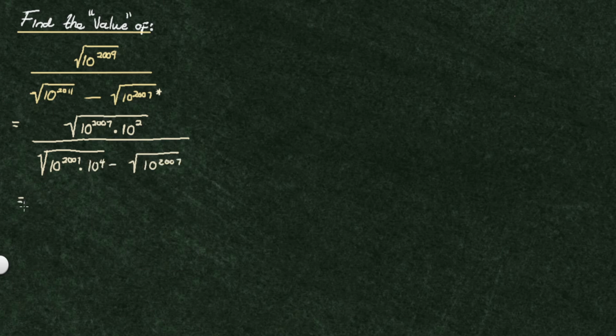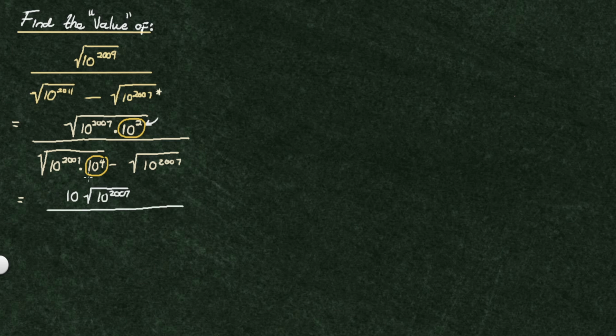2007. Okay. So now after splitting or breaking the bigger powers, you now have perfect squares, right? So you can get the square root of this, which is going to be 10. You take it outside the square root, you're now left with 10 raised to exponent 2007.